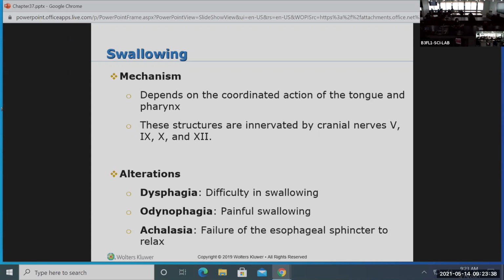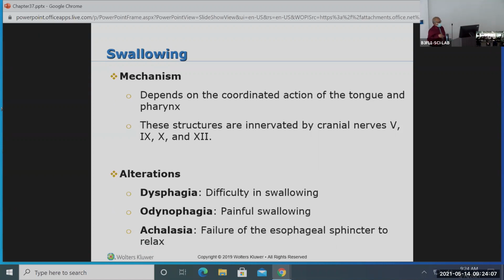Please, it is already highlighted: alterations in the swallowing mechanism and the esophagus. Number one is dysphagia, the term for difficulty in swallowing. Number two, odynophagia. Odynophagia is because of some inflammation within the esophagus.